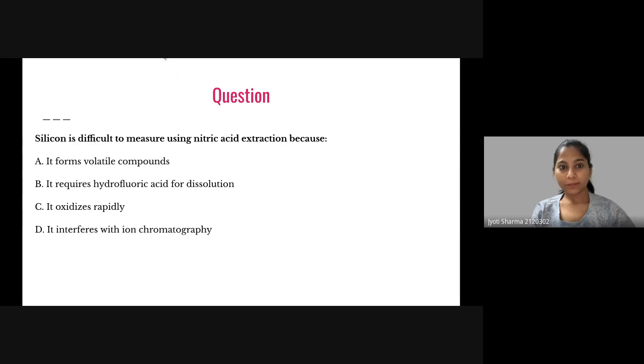Let me show. Yeah, okay, so I got answer C. No, C is not the right answer, because silicon is difficult to measure using nitric acid extraction, and that's why we need hydrofluoric acid for dissolution.